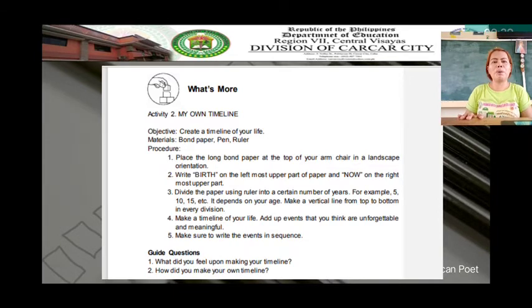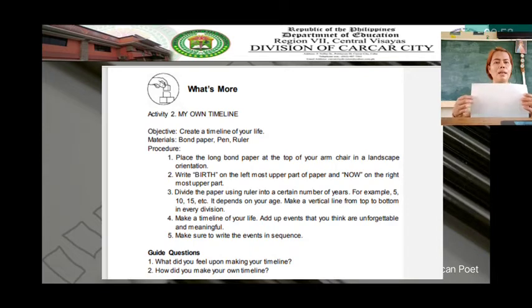Okay, write birth on the leftmost upper part of the paper. Okay, so this is now the bond paper. On the leftmost upper part of the bond paper, write the term birth.